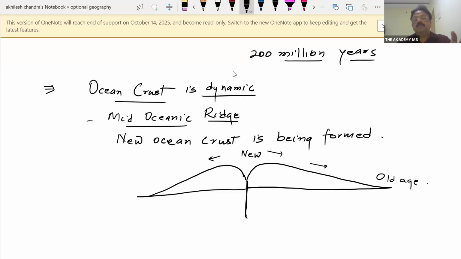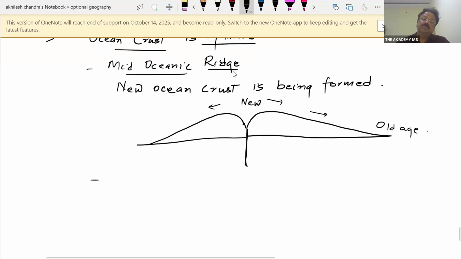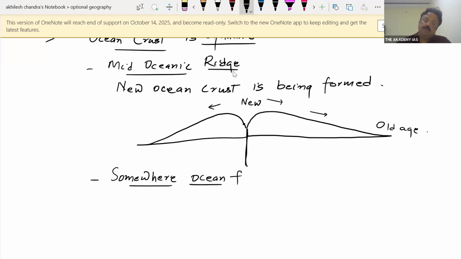So it was clear that near the mid-oceanic ridge, there is formation of ocean crust, and for certain, somewhere it is getting consumed. Somewhere the ocean floor gets consumed, and then the trenches were studied further.